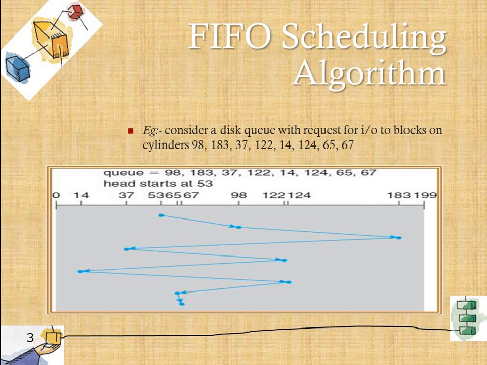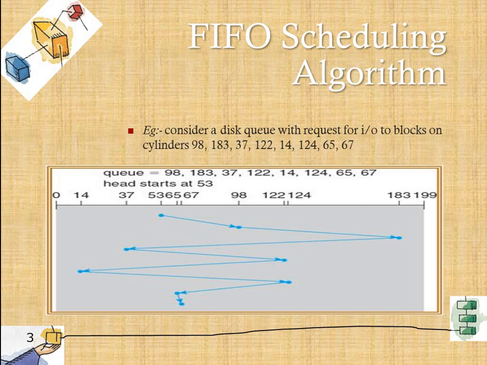Then we have third type as scan algorithm, C-scan algorithm, look algorithm, and C-look algorithm. So we are going to study each one of them and how they differ from each other in detail.